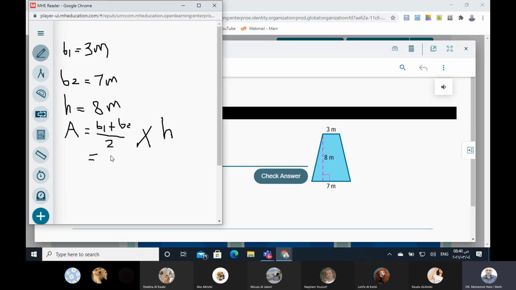Now P1 will be 3 plus P2 will be 7, over 2, times the height, which will be 8. 3 plus 7 will be 10. 10 divided by 2 will be 5. 5 times 8 equals 40 meters squared.